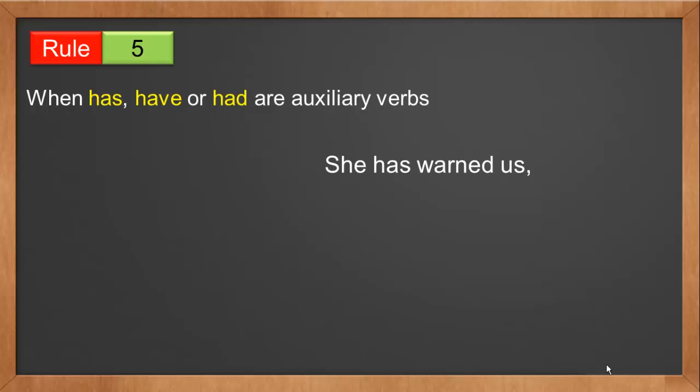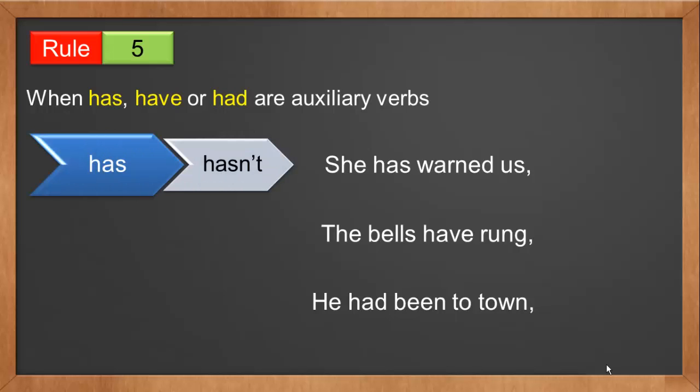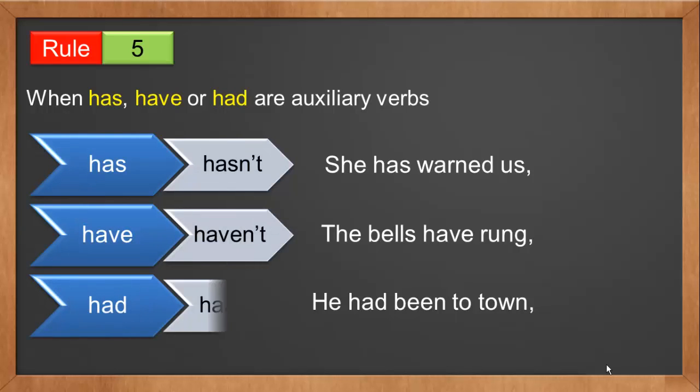Has is the auxiliary verb and warned is the main verb. The bells have rung. Have is auxiliary while rung is the main verb. He had been to town. Had is auxiliary while been is the main verb. Then we stick to our earlier rule. Has becomes hasn't, have becomes haven't, and had becomes hadn't, like in rule number 1.